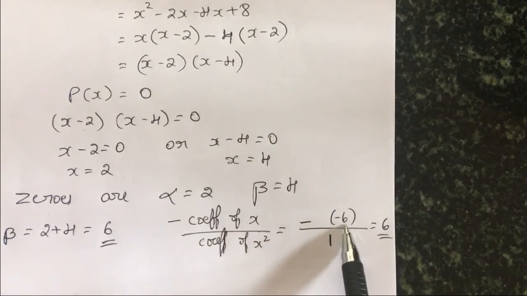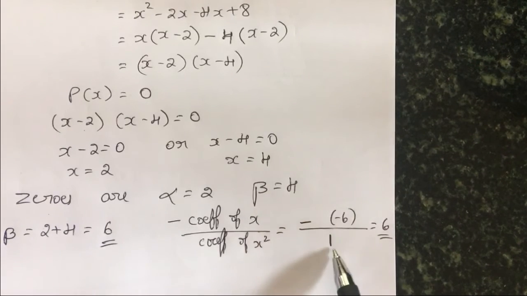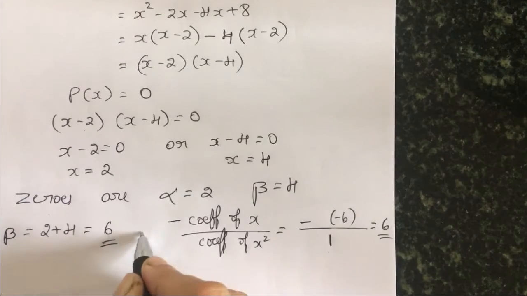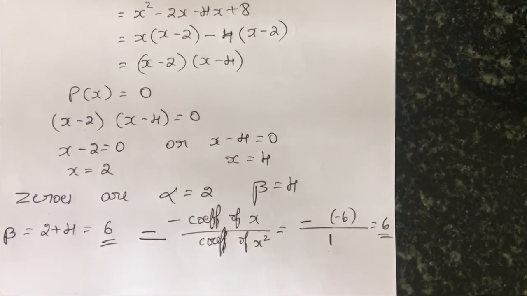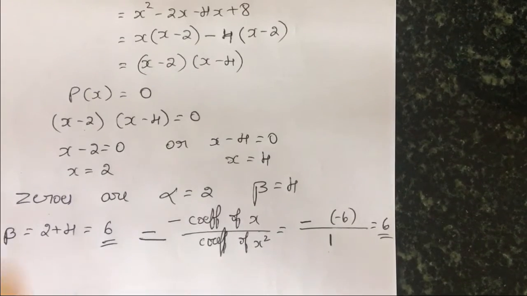So minus of minus 6 divided by coefficient of x square. Coefficient of x square is 1. So plus 6 by 1, which is 6, which is same as this. So alpha plus beta is equal to minus of coefficient of x divided by coefficient of x square.